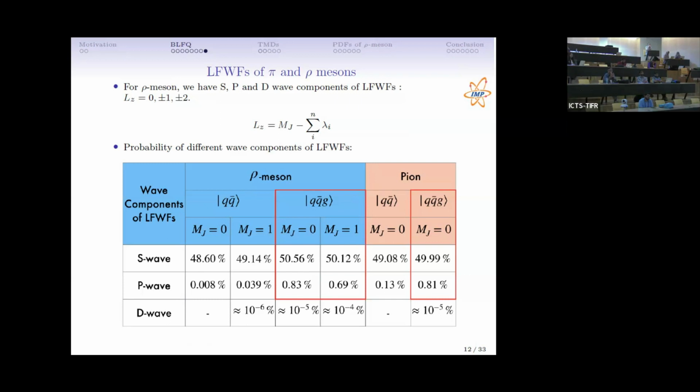Is there any intuitive way, because that is against the quark model picture? From the quark model picture, I would expect that QQ bar will be the dominating component and QQ bar G will be subleading. So as we go on increasing the Fock sectors, these contributions will become lesser and lesser. Okay, so you say this is an artifact of the truncation. Yeah.